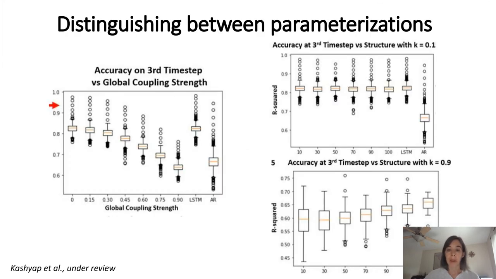Okay, so how does it look when we apply it to resting state data that's empirical? Well, we tried looking at accuracy as a function of the global coupling strength that we built into the model. And what happened was that the accuracy actually went down as the global coupling strength went up. And that's shown on the graph on the left.